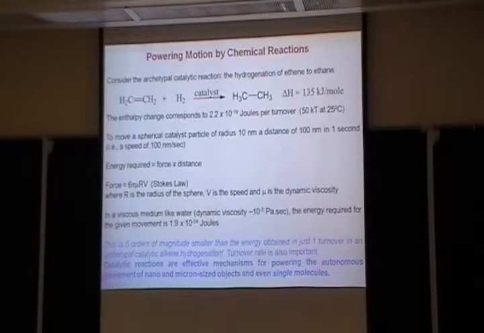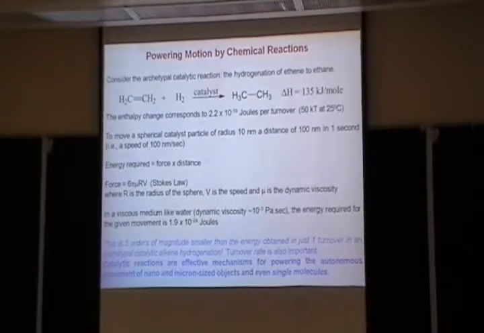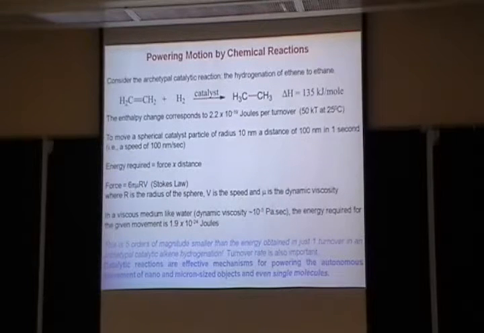You can easily calculate how much energy you need, force times distance. That's the force, and that's your distance. And in a viscous medium like water, the energy you need is 1.9 times 10 to the minus 24. That is 5 orders of magnitude smaller than that. So a single molecule of ethylene being hydrogenated releases 5 orders of magnitude more energy than you need for this. So you can have the most inefficient system.